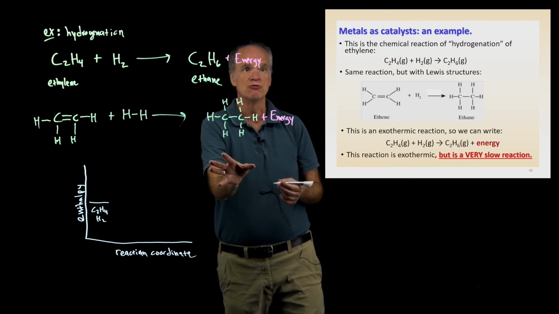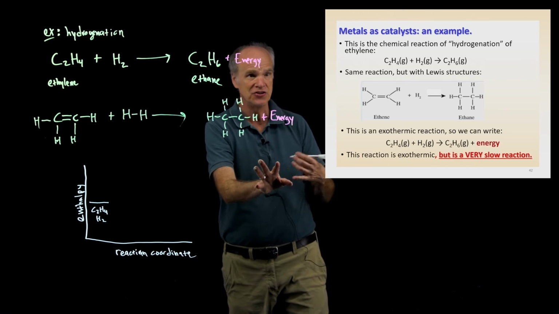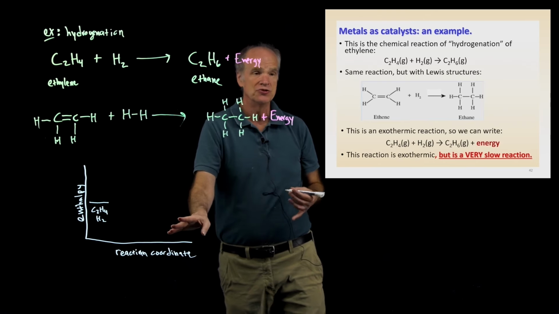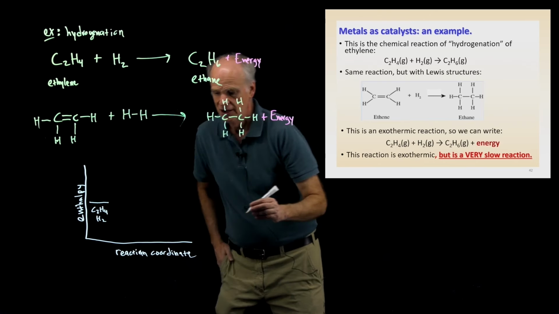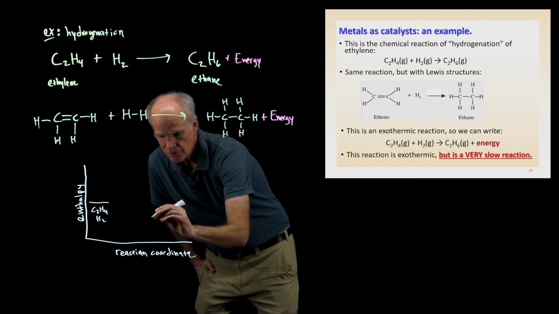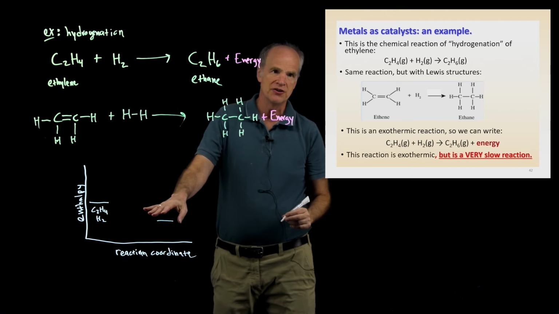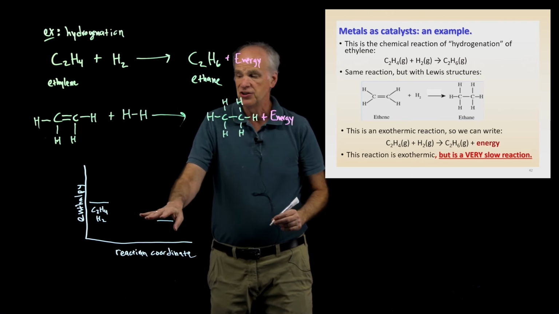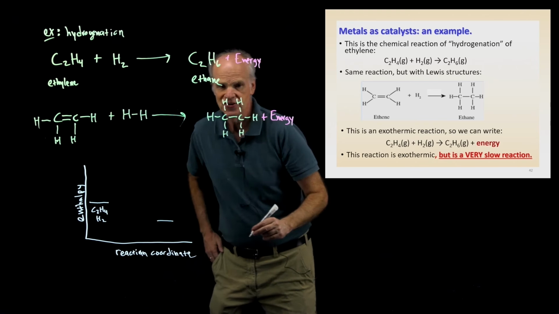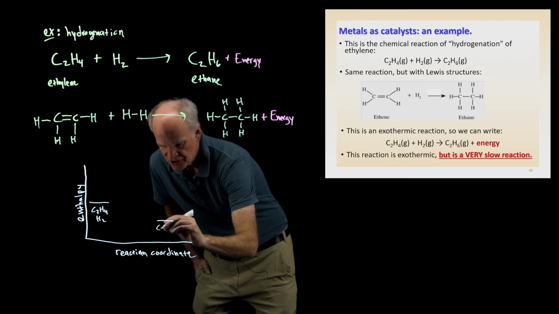So the reactants have to get rid of some of this extra energy, release it as heat, so that they can go to the lower energy of the products. So here we'll put the energy here. We don't know exactly how far down it is, but we know it's lower than the reactants. So this is C2H6.